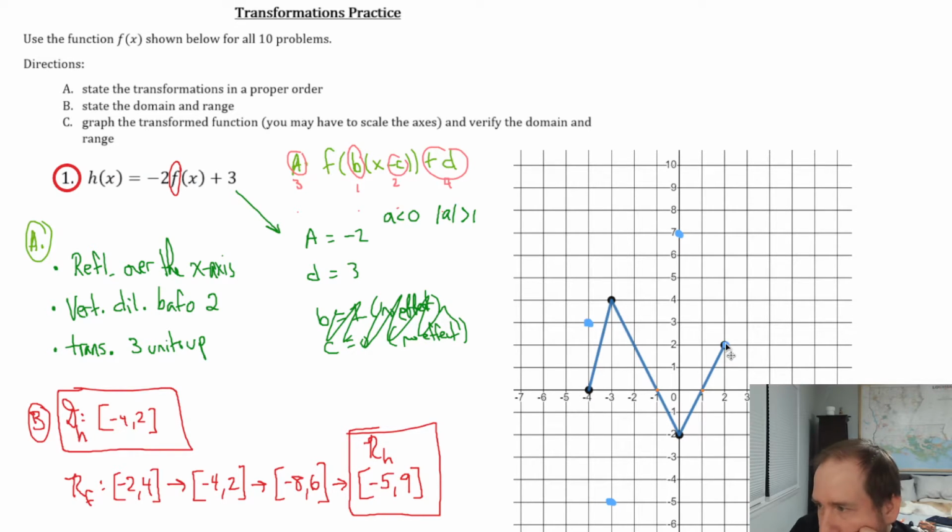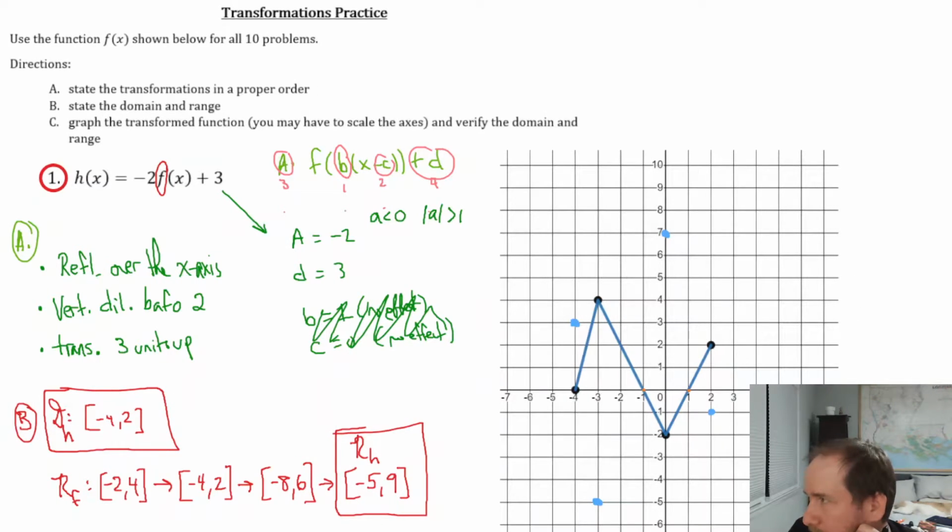Alright, something's wrong somewhere. Let me take this point, reflect it, it goes down to -2, it doubles to -4, it gets translated up to 1. I'm feeling pretty good that this is the right graph. So I think maybe I screwed up my range. We'll go and look in a second. I think this is happening, this is happening, this is happening.